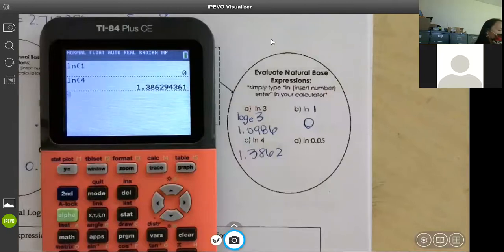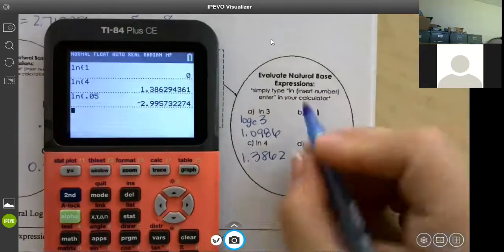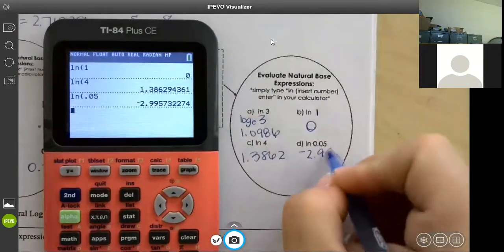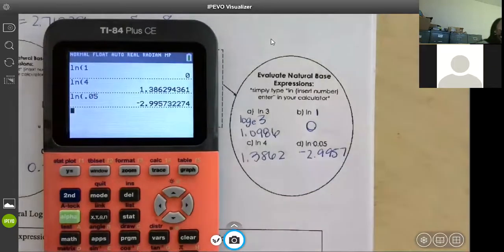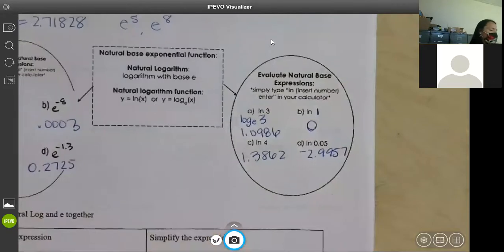Okay, it rounds it up to the 3. And then the last one, ln 0.05, is negative 2.9957. Simply putting it in your calculator, nothing crazy.